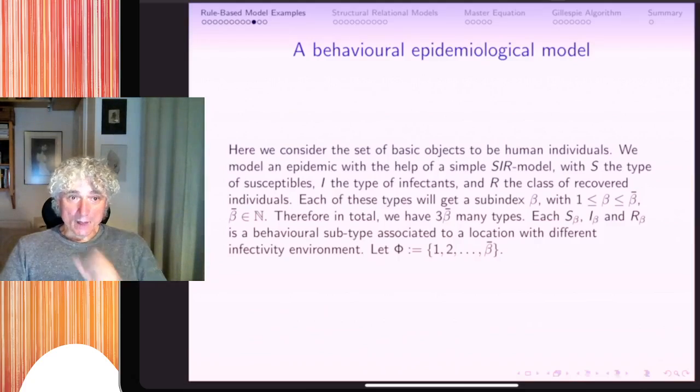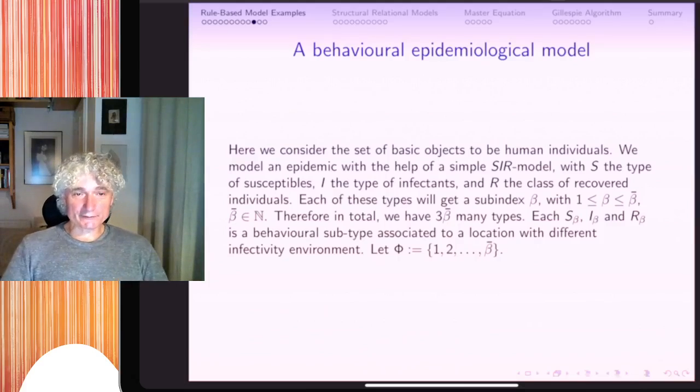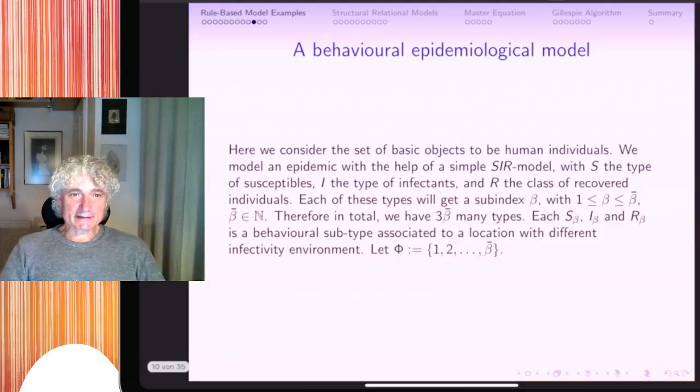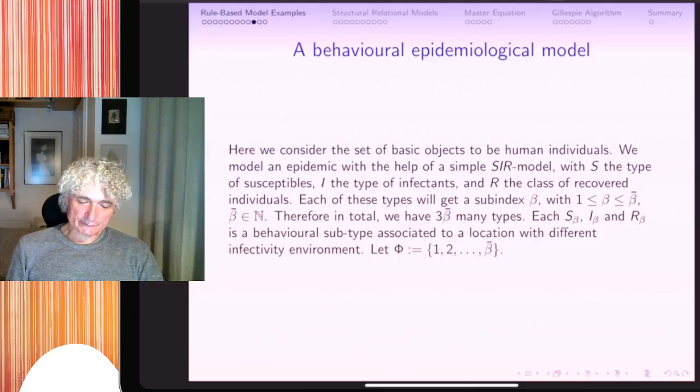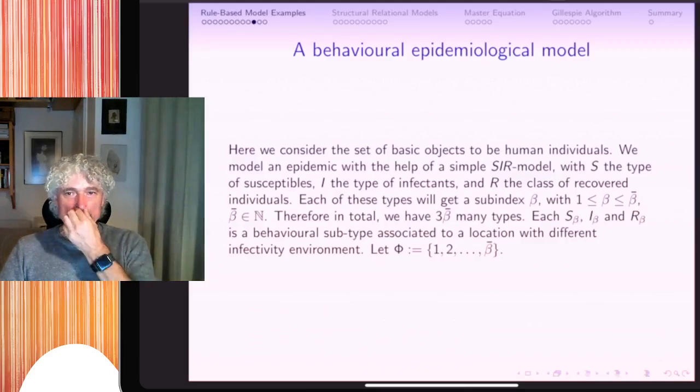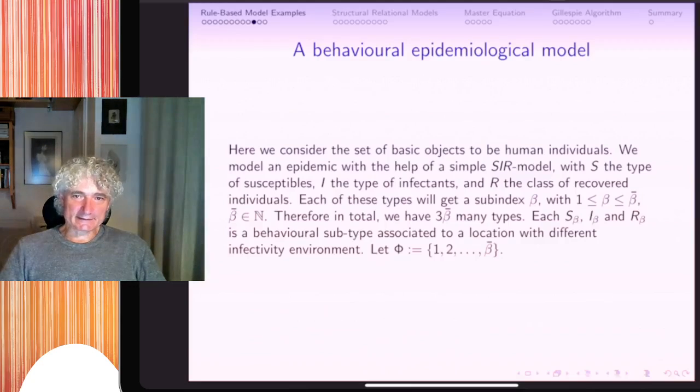So here we have, I hope you find that interesting, a deviation of the SIR model. You can think of this model as starting as an SIR model. So you have just 3 types at the beginning, and they are just susceptibles, infectants, and recovered individuals.